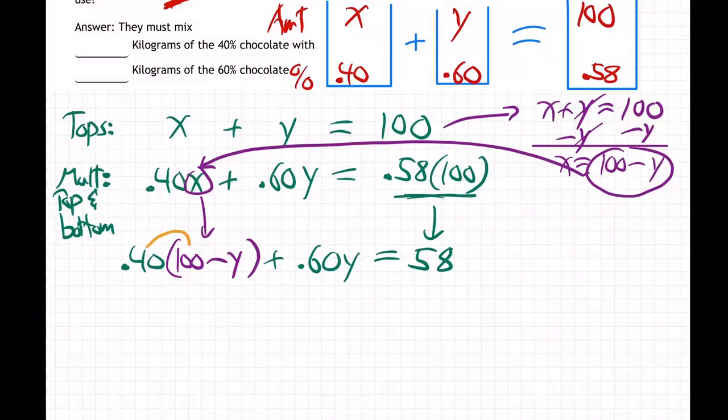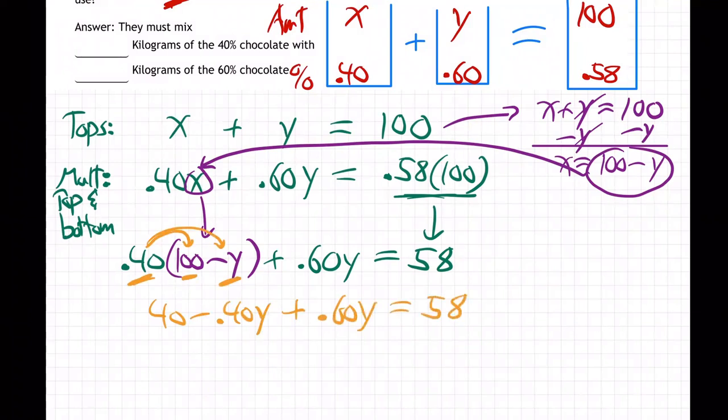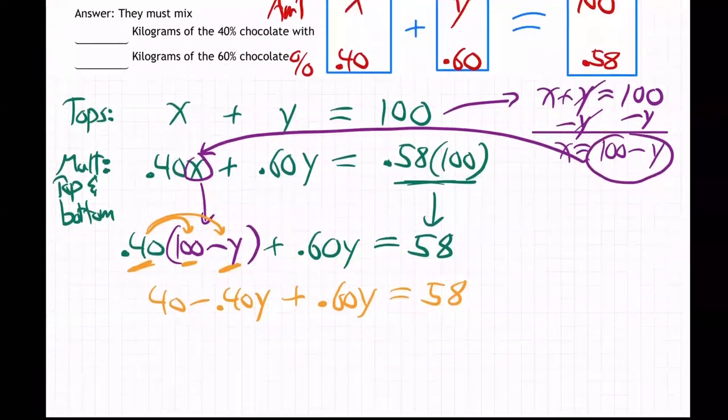I'm going to distribute. 0.40 times 100, it'll come out 40 minus, and then 0.40 times Y, 0.40Y plus 0.60Y is 58. Like so.